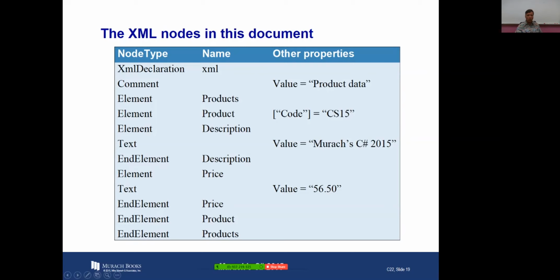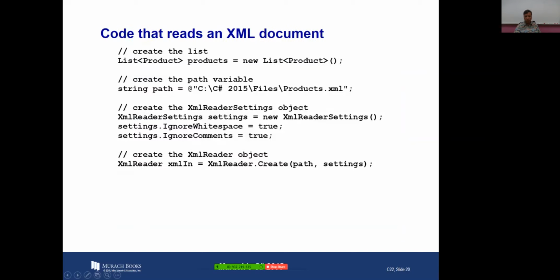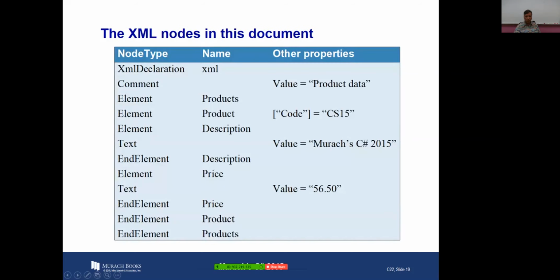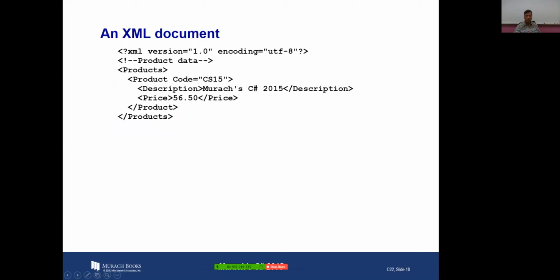That's the root one, and we've got these other elements, these child elements, one for each product. They've got codes. They've got a description. They've got a price. This is a products XML document, not a customer.